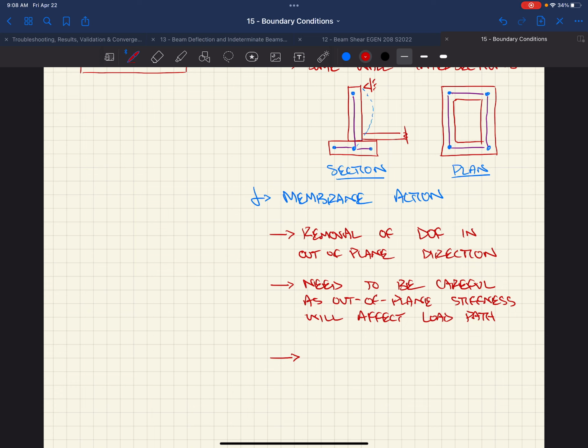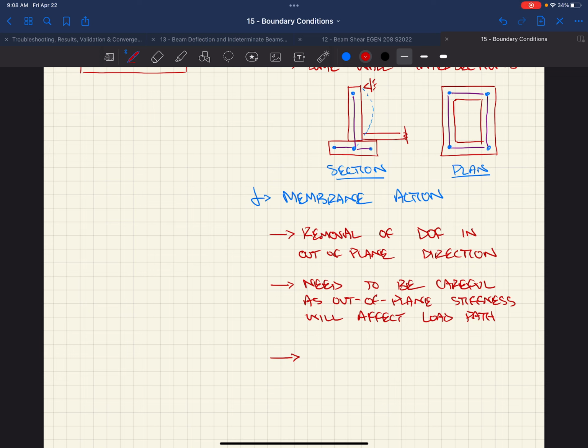All right, so we push on this, and we have the diaphragm, it might be a metal deck, it might be concrete on metal deck, it might be something else. When we push on this, if these were a moment frame, it might end up doing something like that with our members.